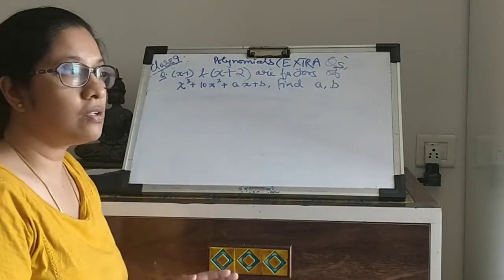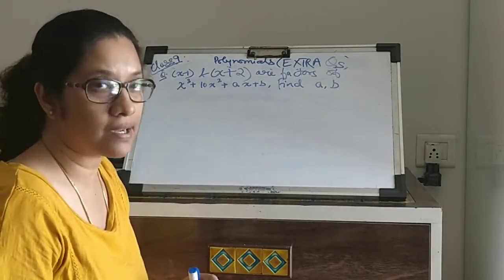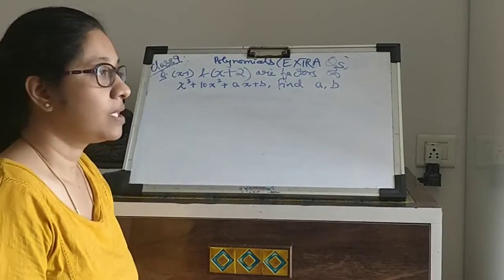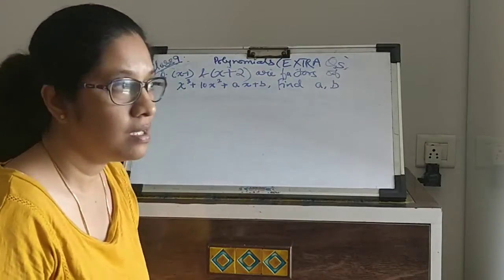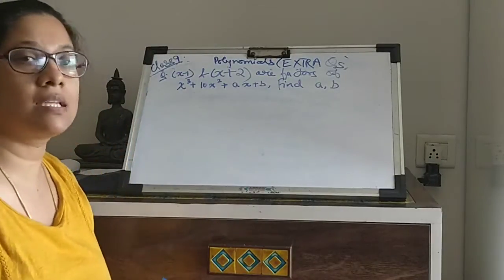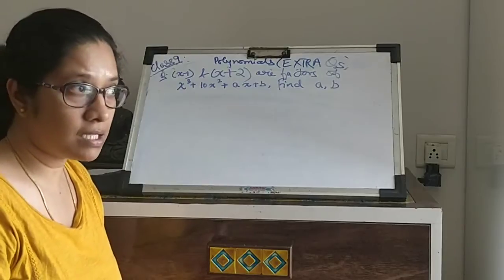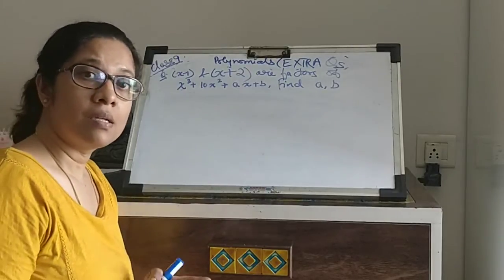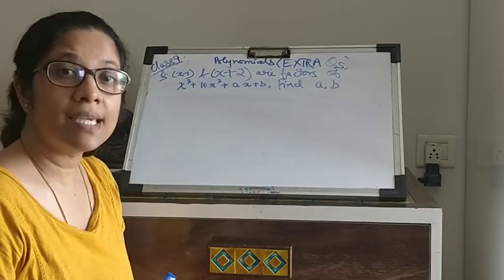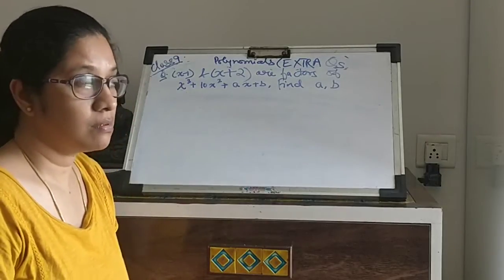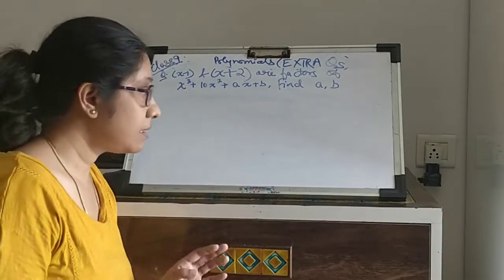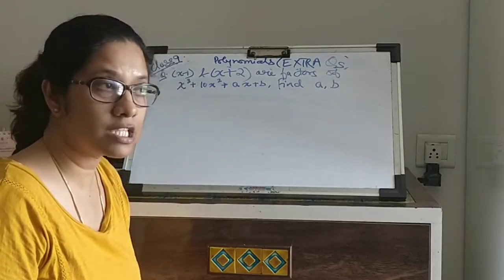Okay? All you need to do is just remember your factor theorem, which states that if px is a polynomial and if it is divided by x minus a, then pa will be equal to 0. What does that mean? Again, the intent of this program is not to explain factor theorem.